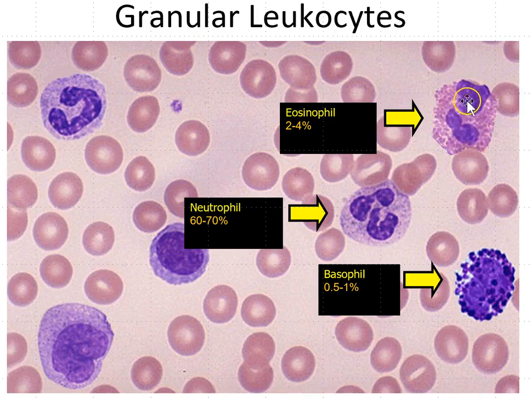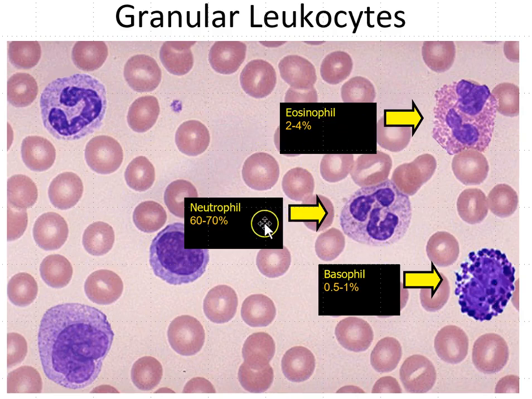So this is our eosinophil. And these cells that you can see have deep purplish granules. These granules kind of mask their nucleus. This is called a basophil, and it is the least common white blood cell that we have in our blood.